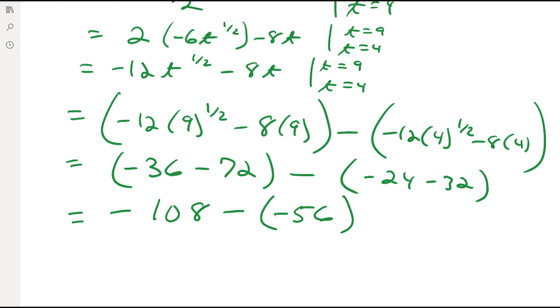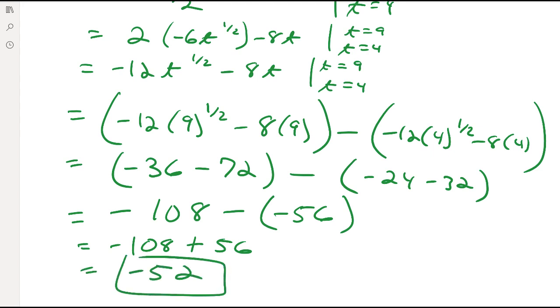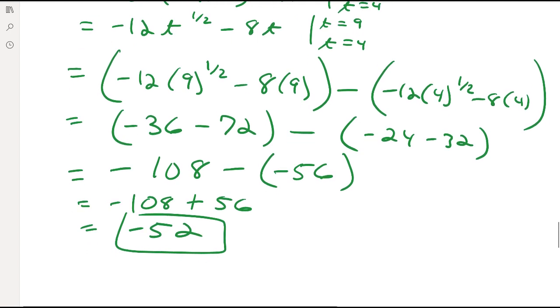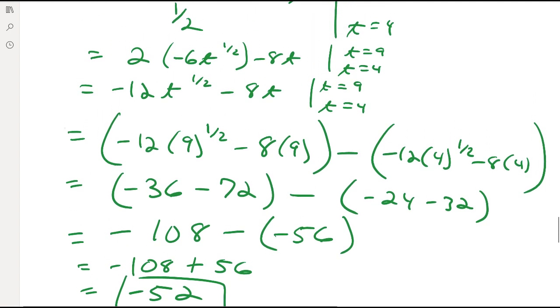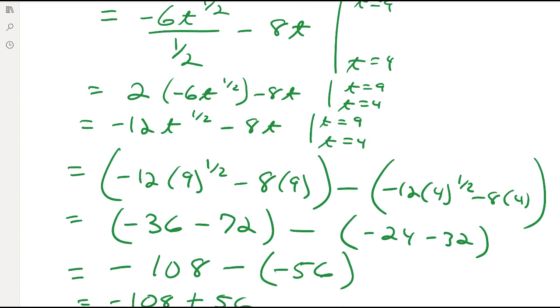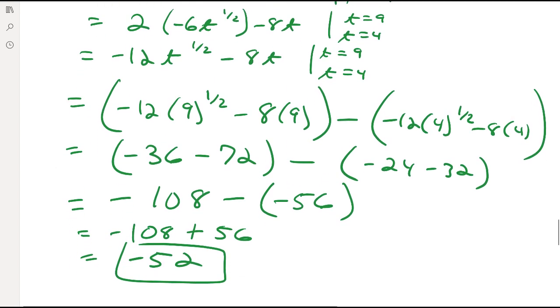So this is a negative 108 plus 56, right? I hate arithmetic. And then that should equal a negative 52. So there is our definite integral. Listen, I'm 100% confident that my calculus was correct. Y'all double check my arithmetic.